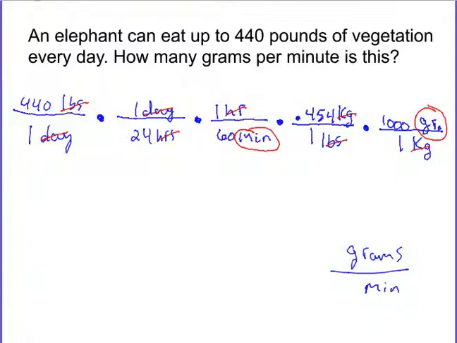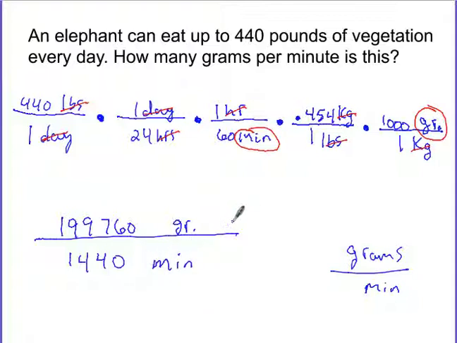So now we just have to do the math. 440 times 0.454 times 1,000 is 199,760, over 24 times 60, which is 1,440 minutes.